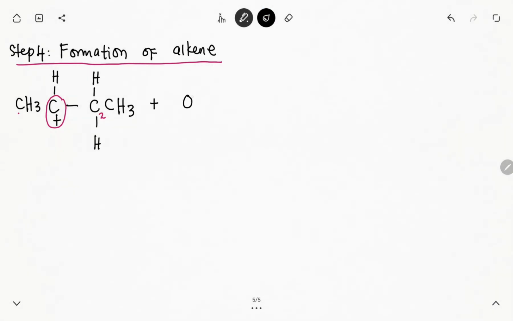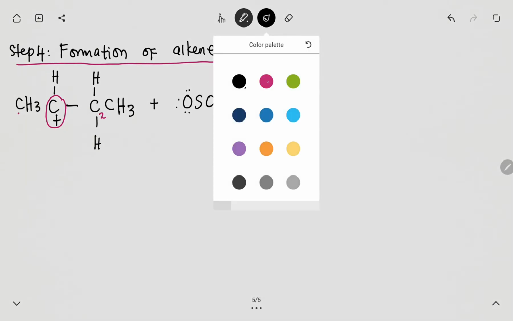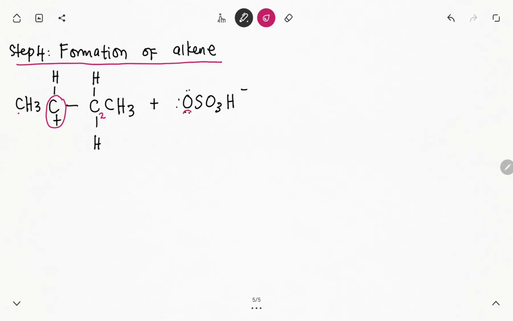Between the OSO3H minus from earlier. From where? From the reagent, concentrated sulfuric acid, after the proton is donated to form a bonding pair in step 1, protonation of alcohol. So what happens here? From the lone pair on the oxygen, it forms sulfuric acid again, because sulfuric acid is now a catalyst.